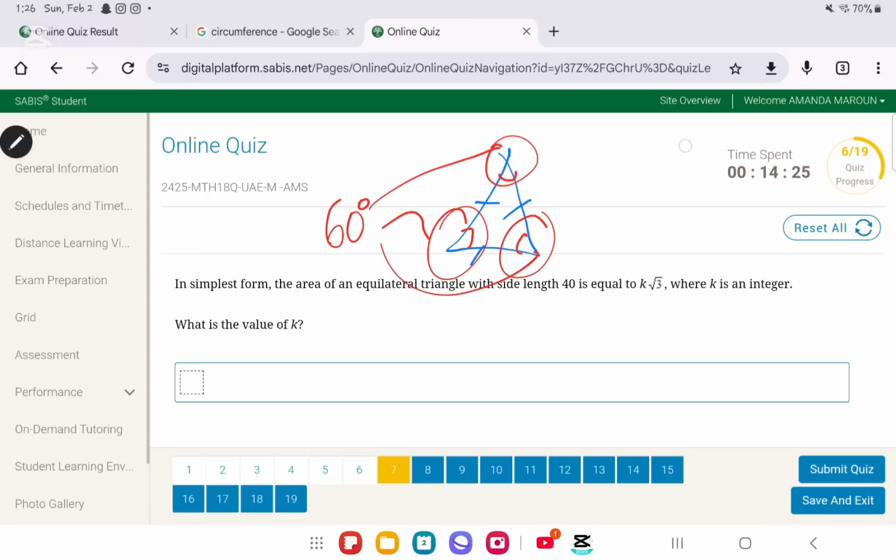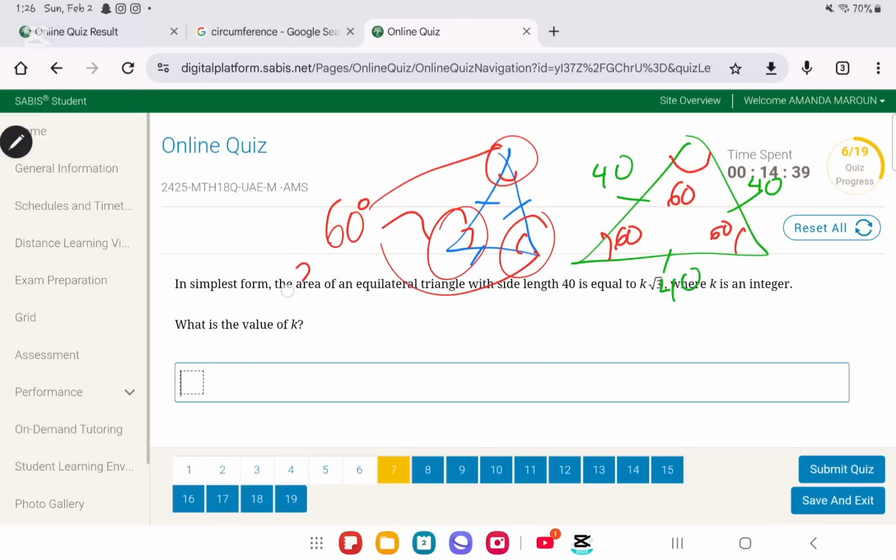That means in our triangle, this is 40, this is 40, this is also 40, and the angles are 60, 60, and 60. To find the area, we can very simply apply the sine rule.